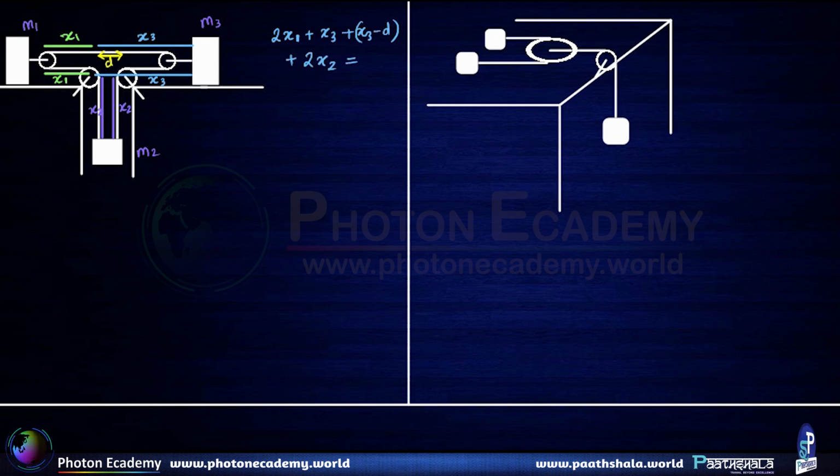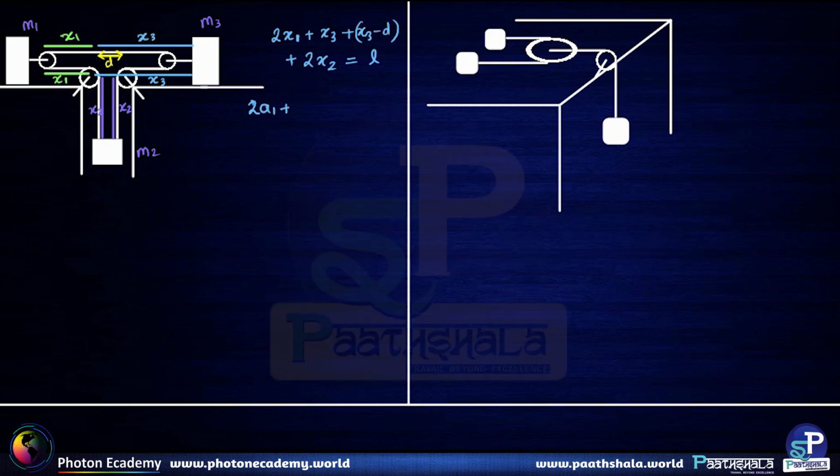So this happens to be the length of the string L. So on double differentiating, we get 2a1 plus 2a2 plus 2a3 equal to 0.